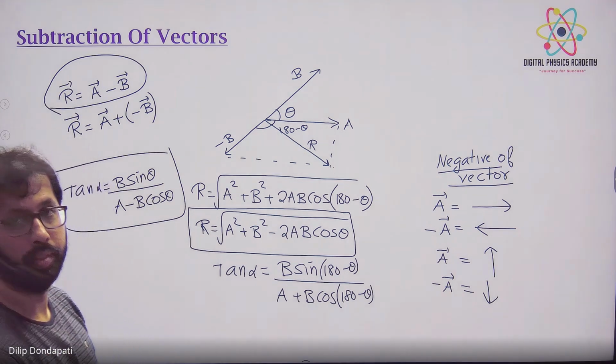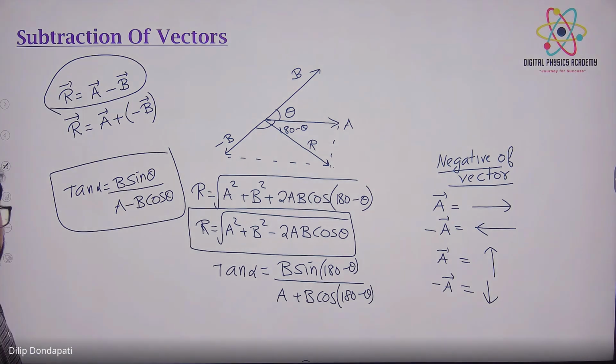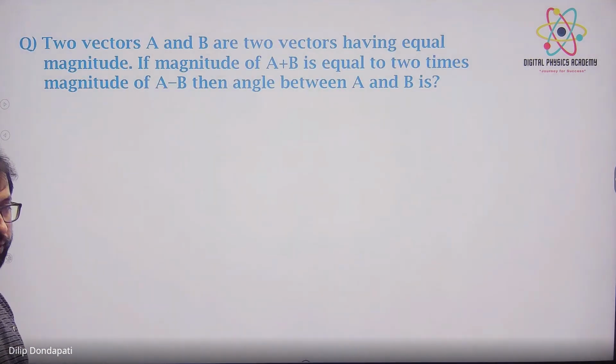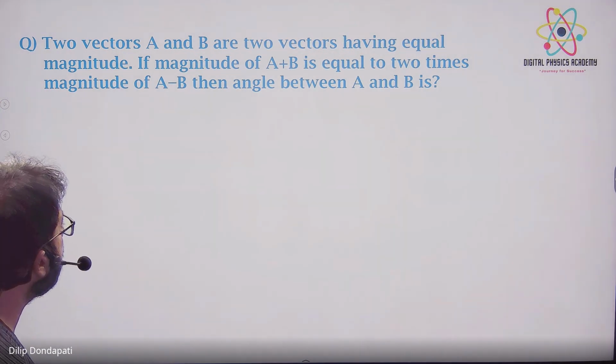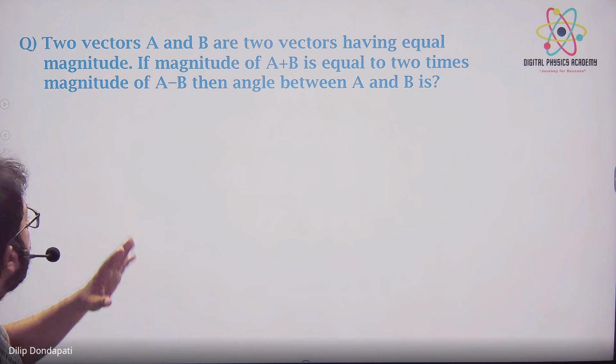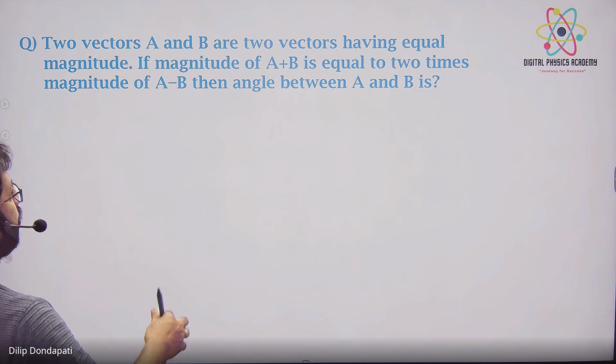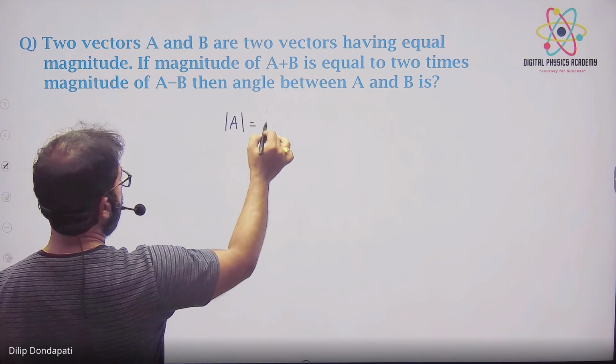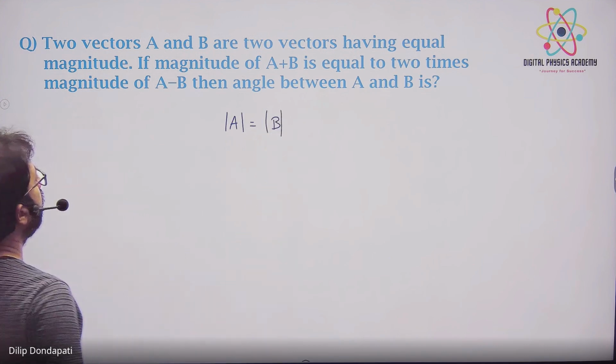So, now we will go for the numericals. Two vectors A and B have equal magnitude. So mod A is equal to mod B. They both are of equal magnitude.